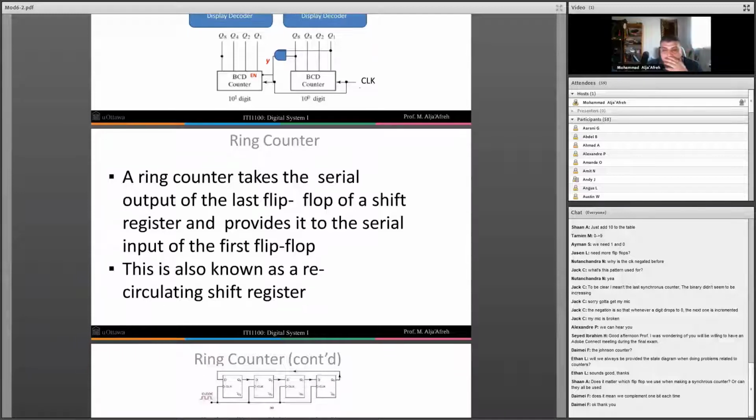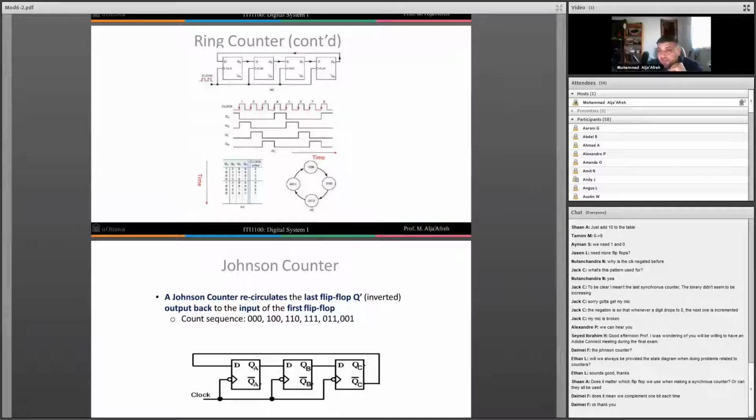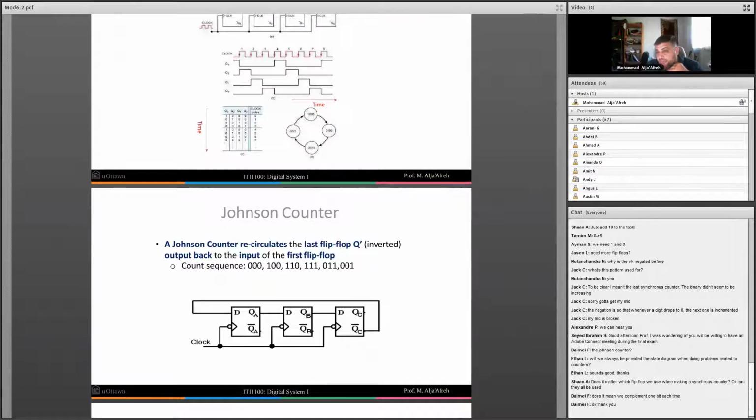Now let's suppose that I told you I want you to do the following. You have a 3-bit Johnson counter designed by a D flip-flop, and you want to give me the count sequence of that Johnson counter. So 0, 0, 0. Look at this. 1, 0, 0.